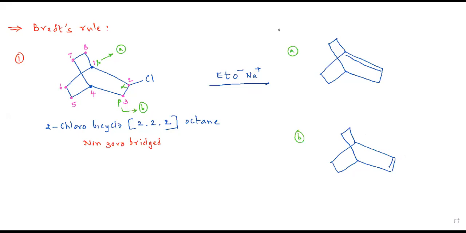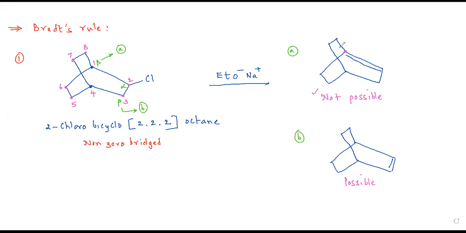Now, according to Bredt's rule, remember, this is not possible. This, of course, is okay. But the only thing is, it says that the double bond cannot be formed at the bridgehead. This is the bridgehead, right?